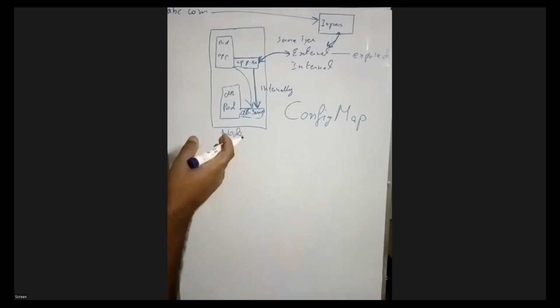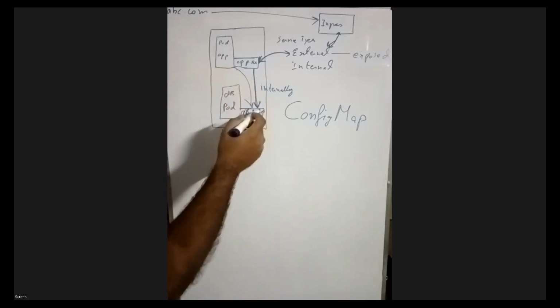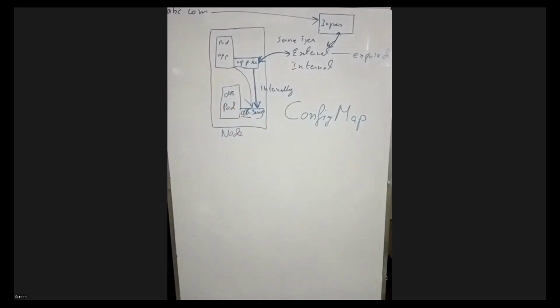In our example, let's say our app needs to talk to this DB service, and somehow the DB service name is changed, or this is a shared database and many pods need to connect to it.